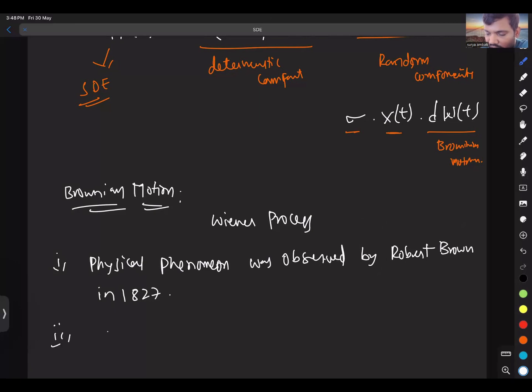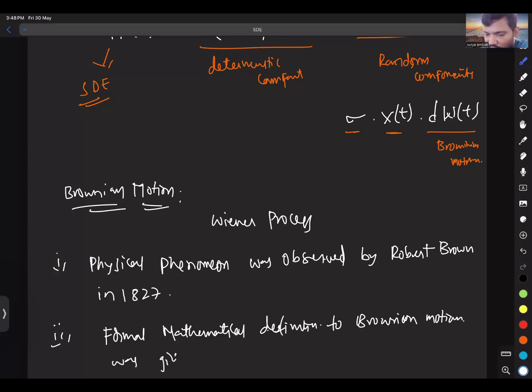However, the formal mathematical definition of Brownian motion was given by Norbert Wiener in 1923.